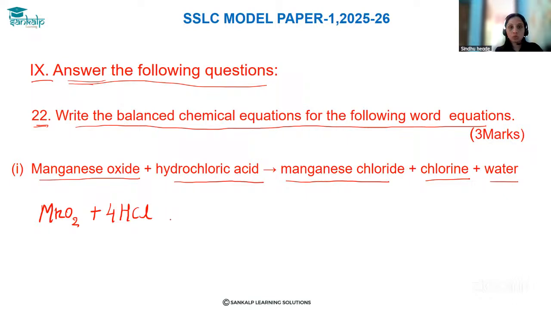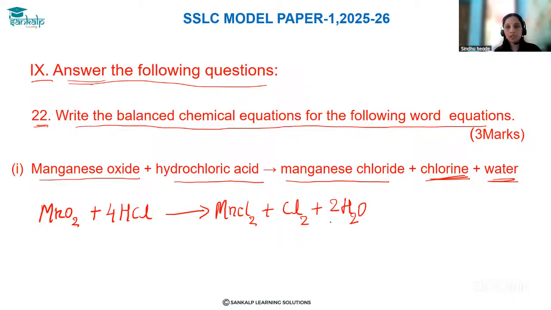HCl is hydrochloric acid, will give manganese chloride, that is MnCl2, plus chlorine, that is Cl2, plus water, that is 2H2O. This is the balanced chemical equation for the above word equation.